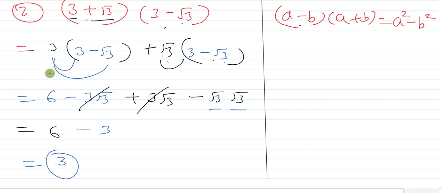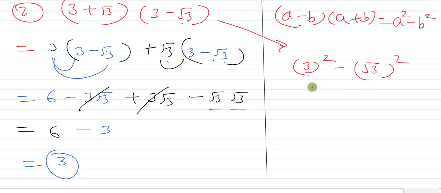So same here, you can observe this first term is same, second term is also same. Just changes are only in sign, right? So what I can write here directly, first term square minus second term square.